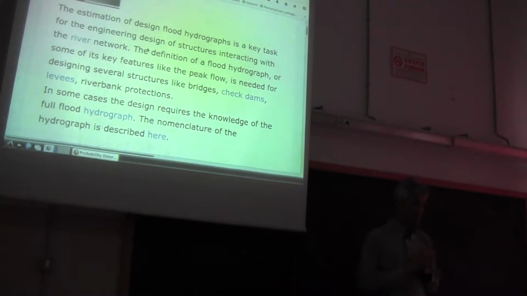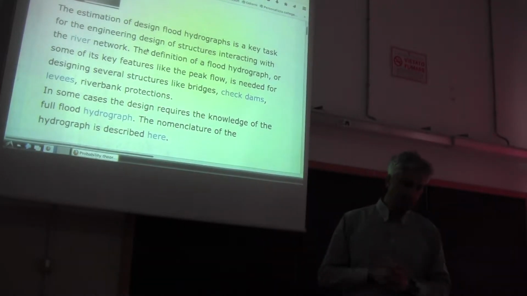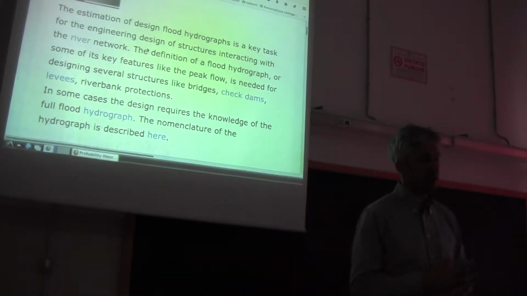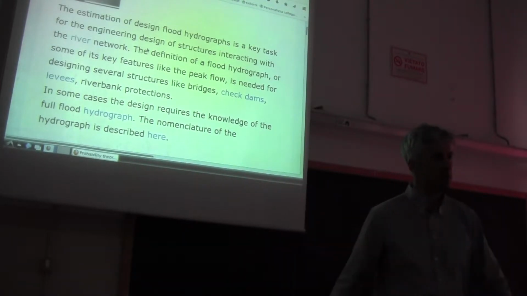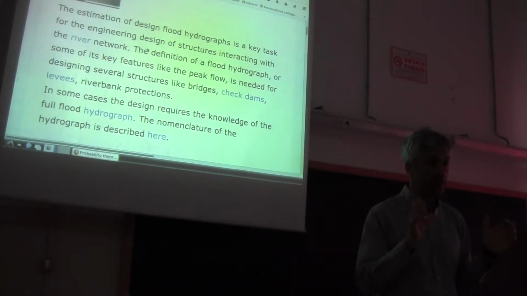So far, as I said, we have already discussed together many issues. We discussed the estimation of water resources availability. We discussed one infrastructure in detail, which is river barrages.